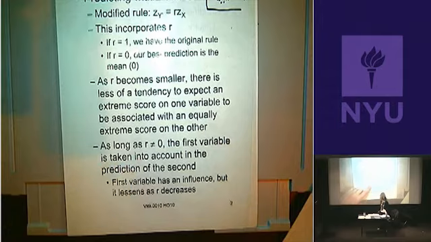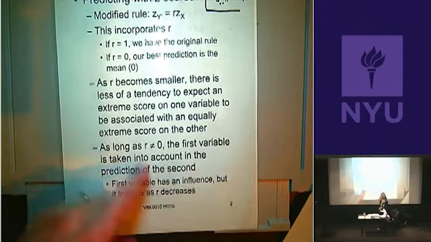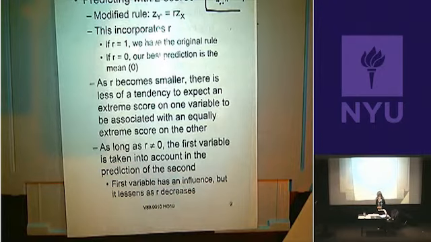As long as your correlation is not 0, you could take the first variable into account for prediction of the second. And how strong a correlation you have will determine how good a predictor you have, which makes sense. How much of a relationship you have tells me how good a predictor you have.